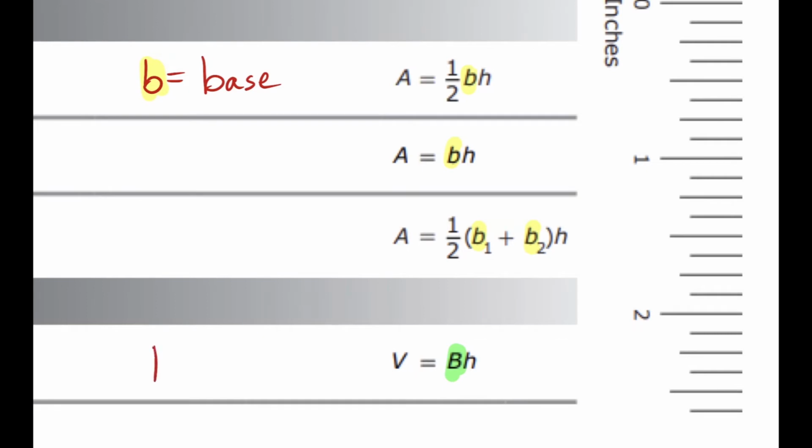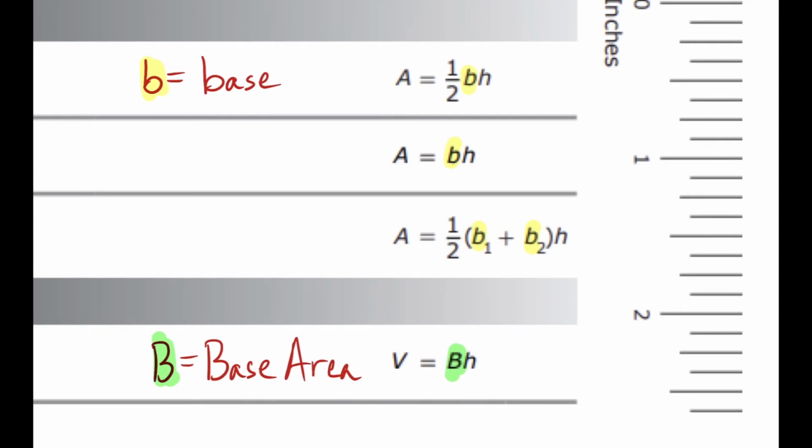We'll talk about this next week, but capital B stands for base area. It's a little bit confusing that I have the same letter meaning two different things, but lowercase b is base, uppercase B is the base area. Okay, that's not too bad. I'm okay with that. I don't like it, but I'm okay with it.